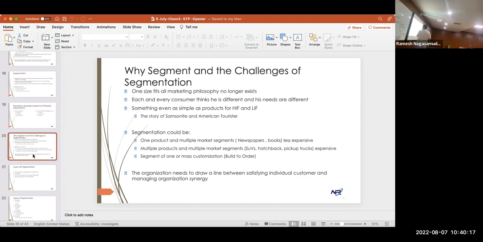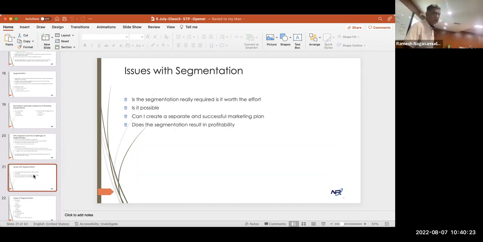Okay, so I guess that's on segmentation. The issue with segmentation is that you could be segmenting where it is not really worth the effort. For example, segmenting based on gender for cars is a wasteful exercise, or segmenting on IT is also a wasteful exercise.